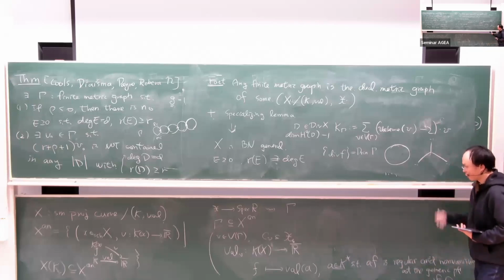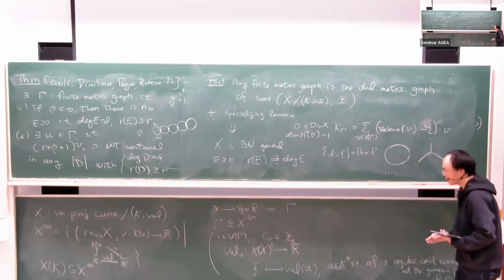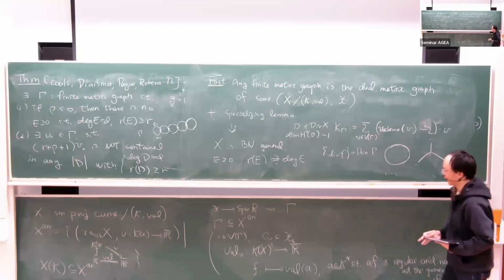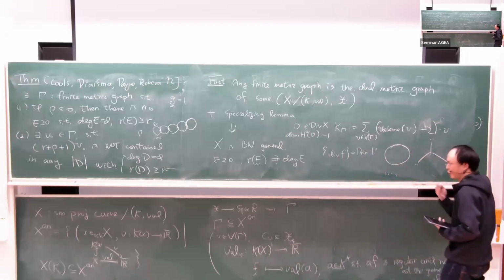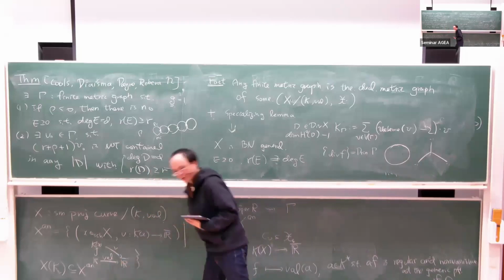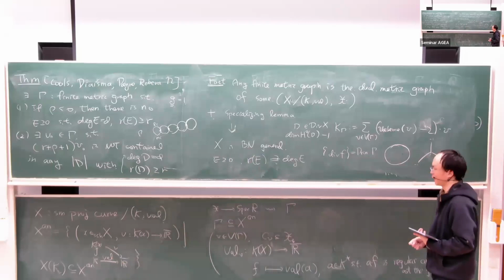Of course, you need to check this is independent of the choice of a, but indeed it is the case. Then you can attach to a vertex V a valuation on the function field. It actually commutes with the original valuation here. So it is a point in the Berkovich analytification.